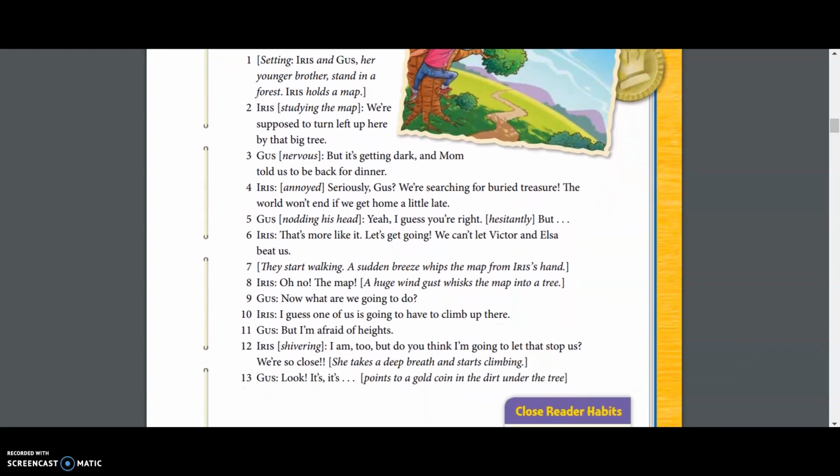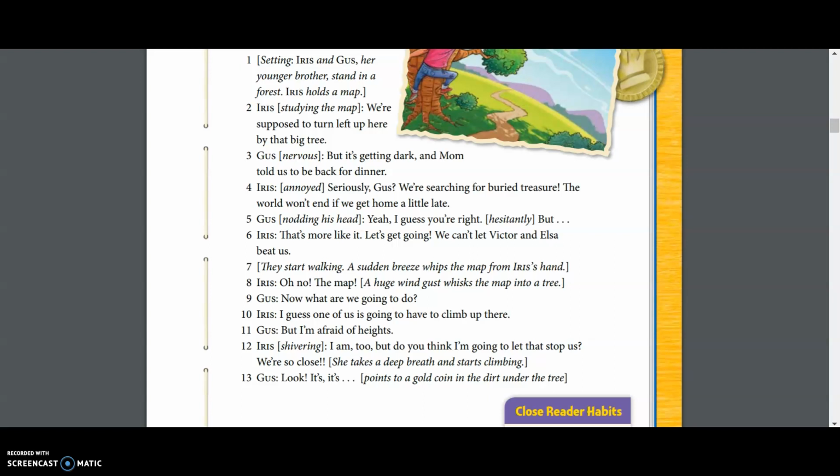Setting. Iris and Gus, her younger brother, stand in the forest. Iris holds up a map. Iris, studying the map: We're supposed to turn left up here by that big tree. Gus, nervous: But it's getting dark, and Mom told us to be back for dinner.